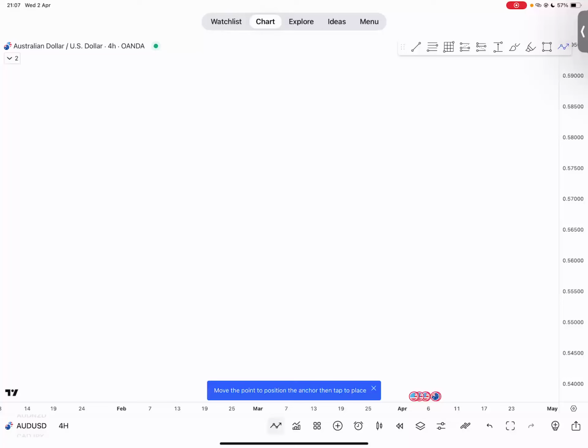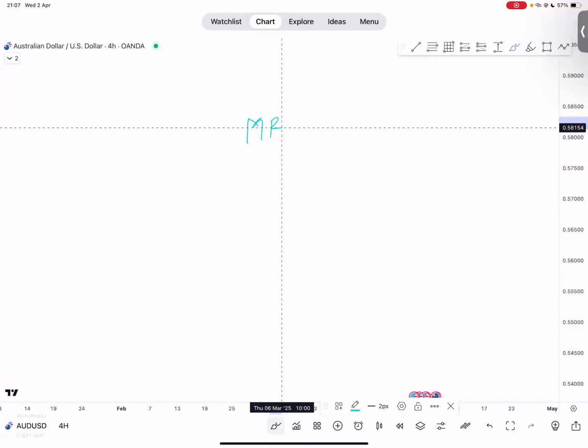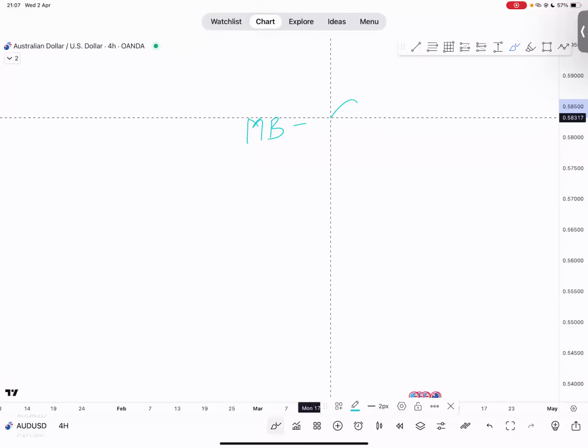I want you to remember the mitigation blocks, that's MB. Remember MB with what? Continuations.